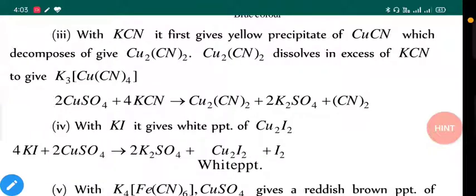So as we can see, as mentioned earlier, d-block elements have a very good tendency to form complex compounds, and here are a few examples. As we can see, copper can form multiple different types of complex compounds. Similarly, as in the previous example, iron can form many different types of complex compounds as well.